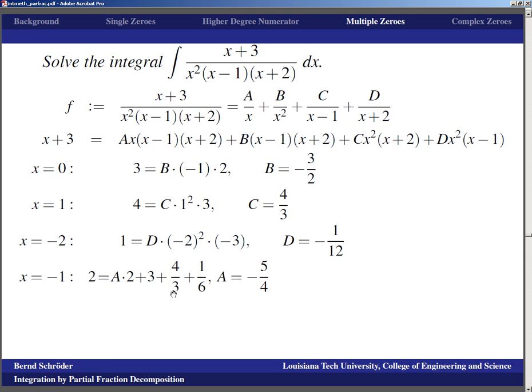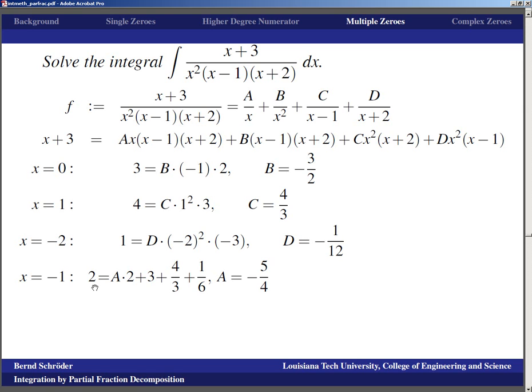Minus 4/3 is negative 7/3. Negative 7/3 is negative 21, negative 20. Oh, brother. Sorry about that.